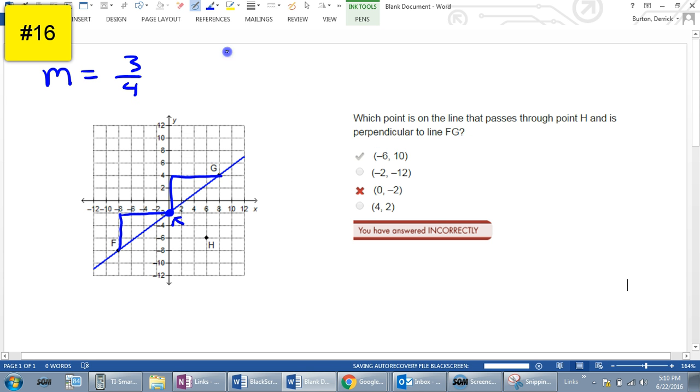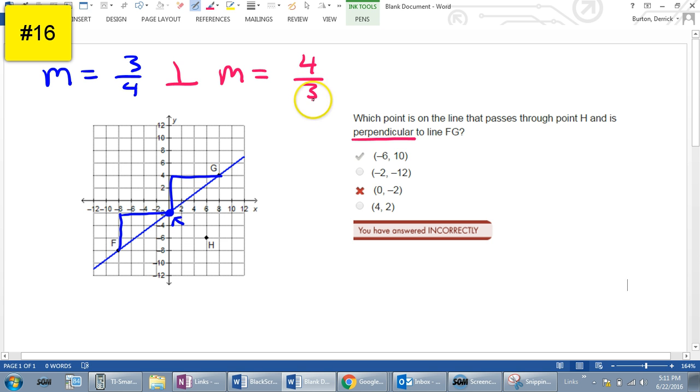Now they're talking perpendicular. Okay, so here again, what would be the slope of a perpendicular line? 4 over 3. 4 over 3. And there's something else I have to change about it. Because it's got to be opposite and reciprocal.